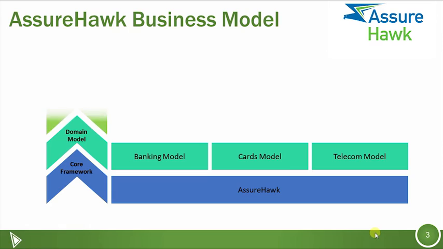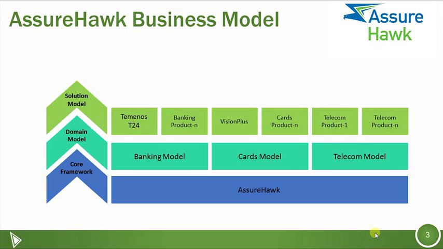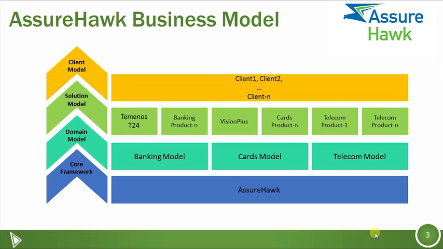And within banking, it has a solution model on top of the vertical or the domain component. At this time we have configured for Temenos T24. We could similarly configure it for iFlex as well as for Finacle or other core solutions. And on top of it is the client model.